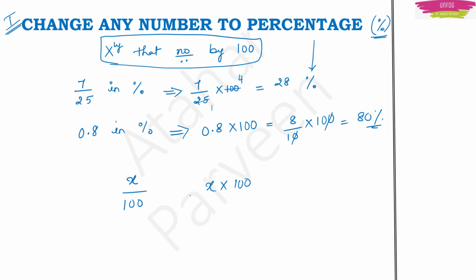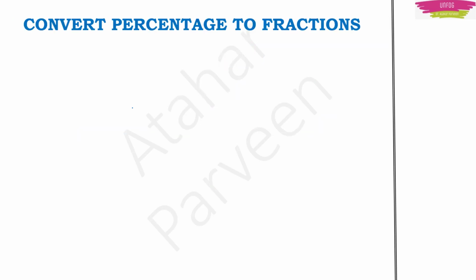It is easy, right? Now we have converted fraction into percentage, right? We have multiplied by 100. Now what you will do if you have to convert percentage into fraction? Yes, you are right. You have to divide by 100. That's it. Let me give you an example.